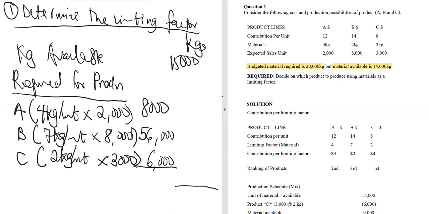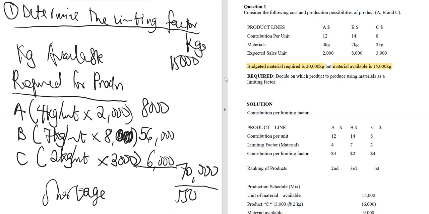If it is 800, it should be 560. But no problem. That means we need 70,000, but we have 15,000 available, so you have a shortage of 55,000 kgs.